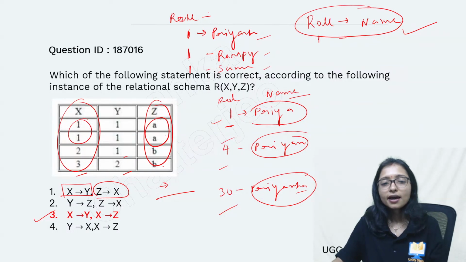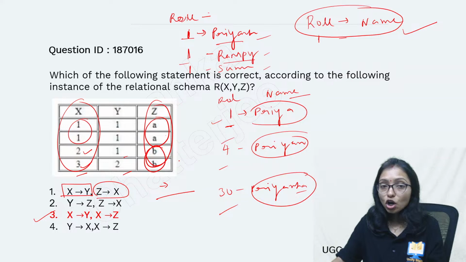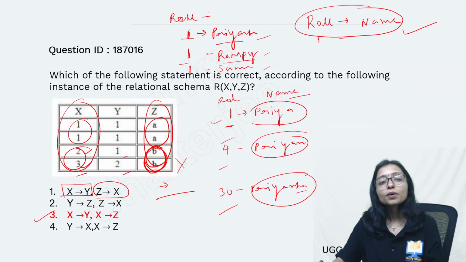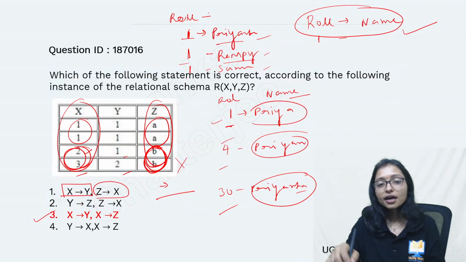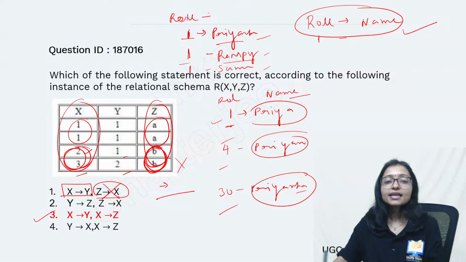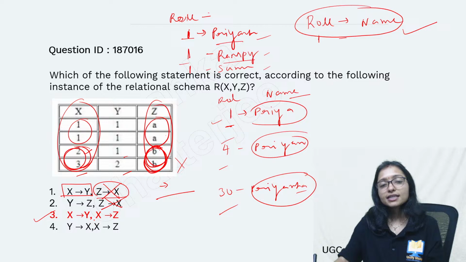But here BB, you are telling 2, 3. It means roll number 1 Priyanka and roll number 1 Rampi. This is not possible because for the same BB value, there should also be the same values. As the same values are not there, Z implies X is wrong, and from here you can eliminate it.